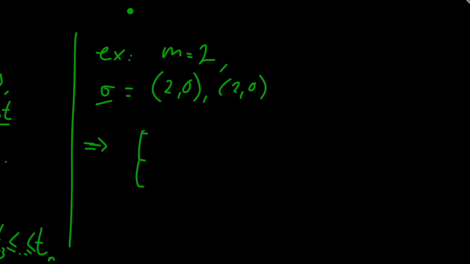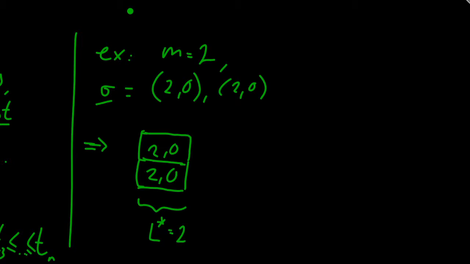So at time point 0, I'm putting the job of size 2 on one machine, and at time point 0 as well, I'm putting the other job on the second machine. And in this case, this scheduling has an optimal cost of 2.